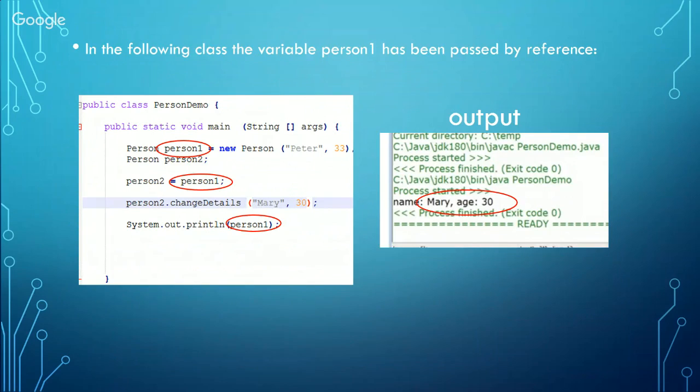We can see that person1 has been declared as Peter33. However, the output is Mary H30. The reason is that this person1 variable has been passed by reference, meaning that only the address where this variable is allocated in the system was passed, but not the actual data, not the actual value of it.